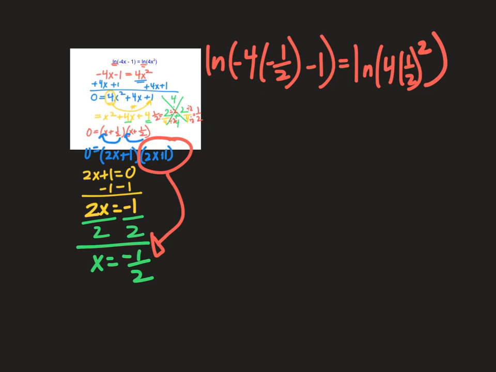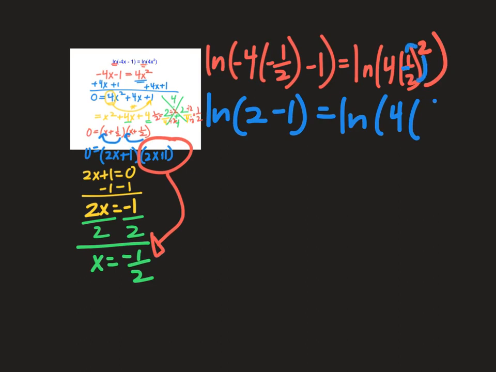If I simplify, we'll have the natural log of negative 4 times negative 1/2 would just be 2. So 2 minus 1 equals the natural log of 4 times. If I square 1/2, oh, it's a negative 1/2, so it should be a negative sign. We square the top and we square the bottom. We get a positive 1/4.